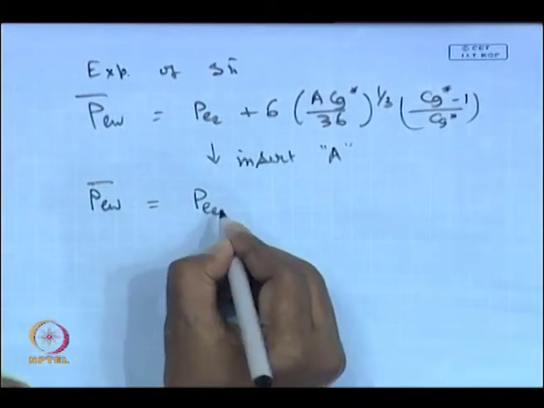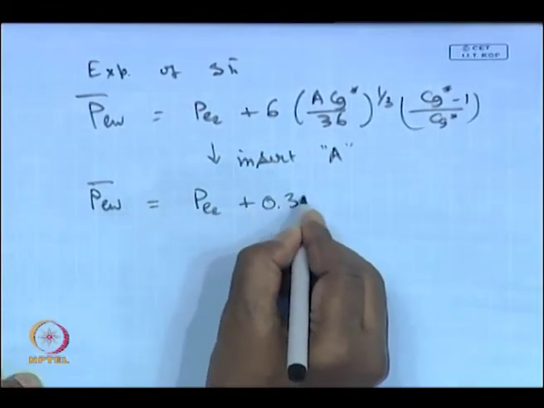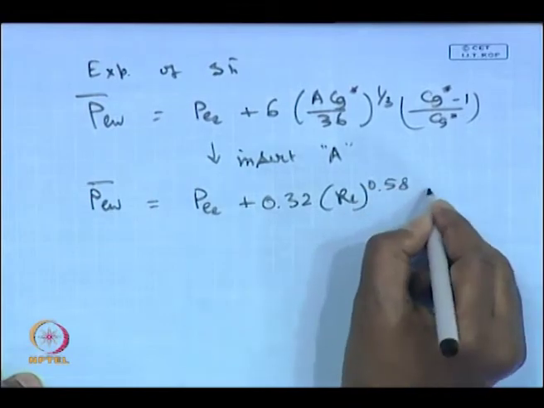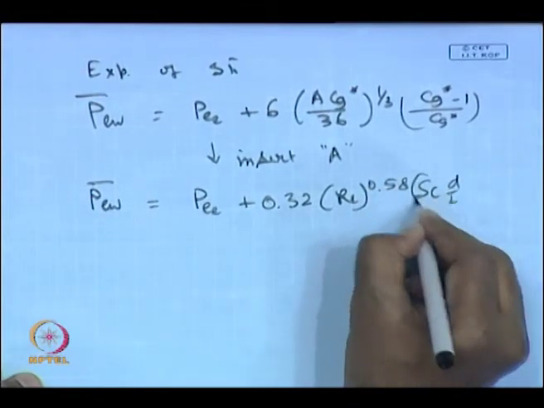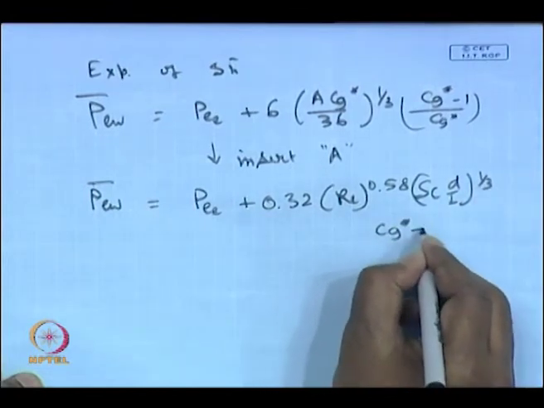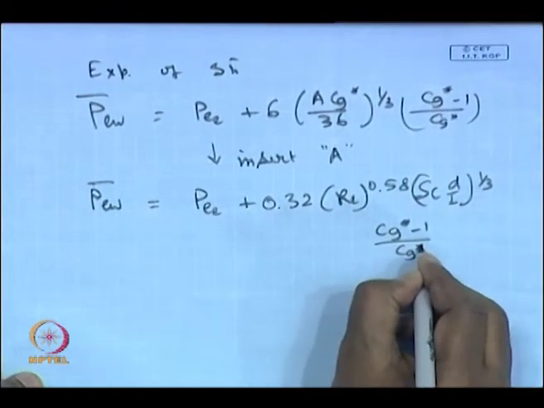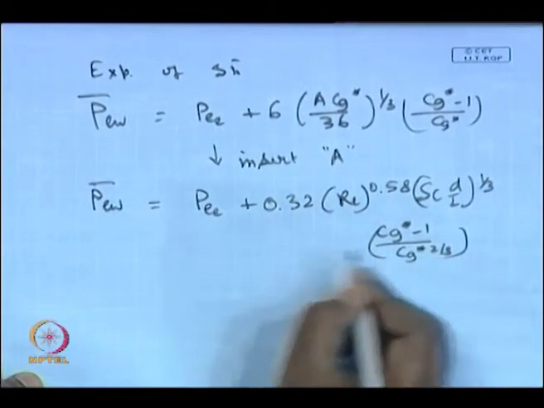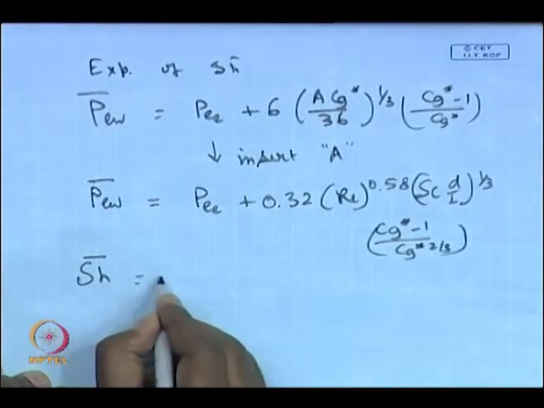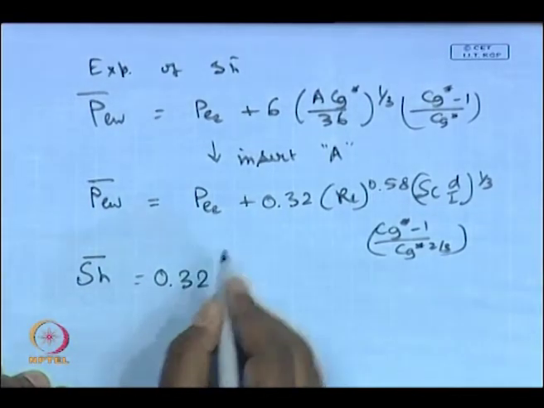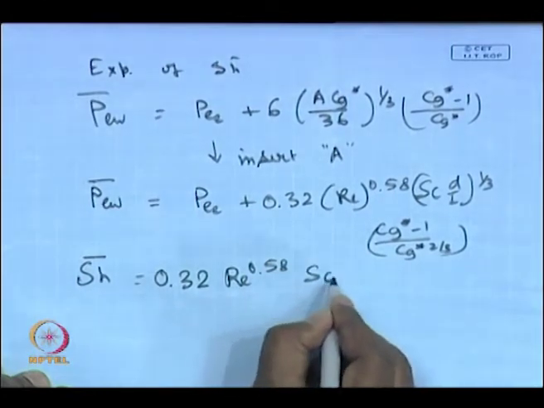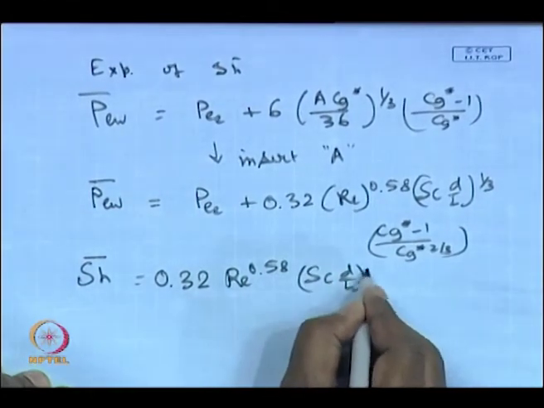This becomes PEE plus 0.32 Reynolds raised to the power 0.58 Schmidt d by L raised to the power 1 upon 3, times ((Cg star minus 1) divided by Cg star) raised to the power 2 by 3. And the length average Sherwood number turns out to be 0.32 Reynolds to the power 0.58 Schmidt d by L raised to the power 1 upon 3.